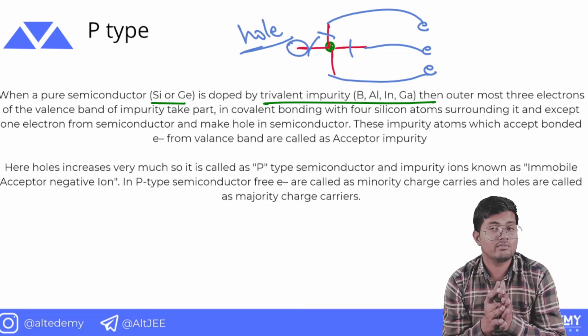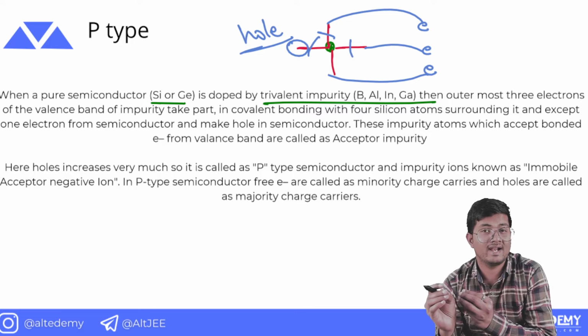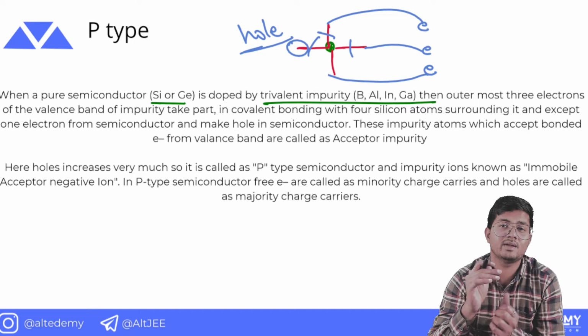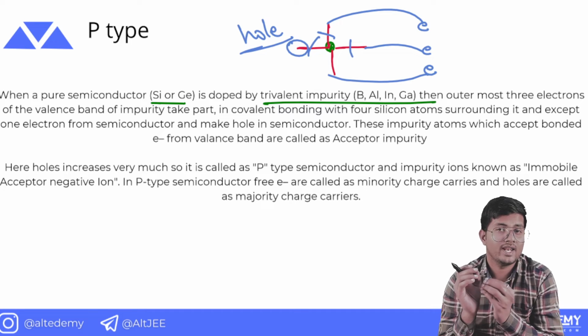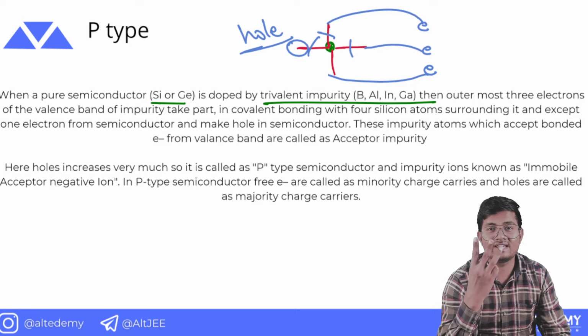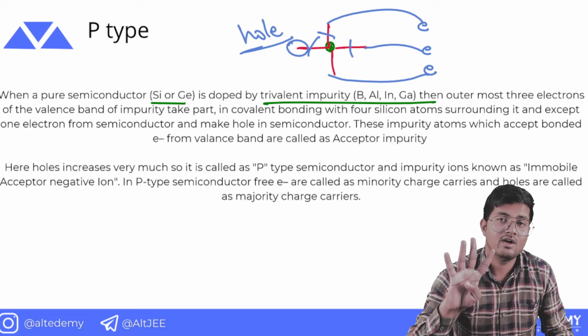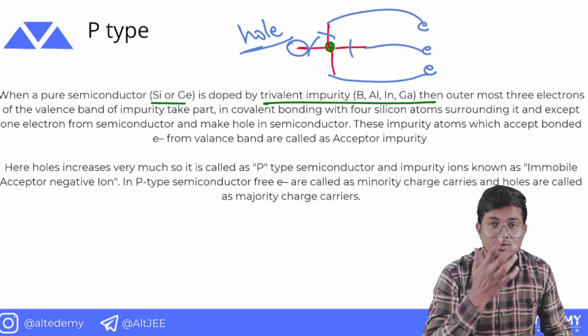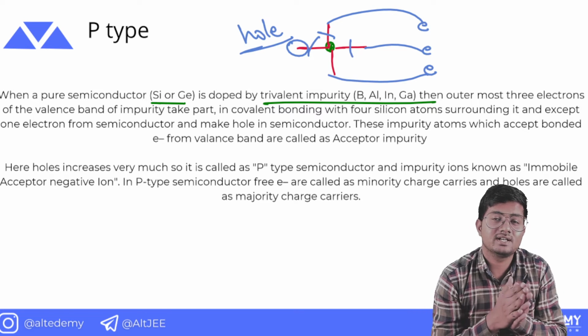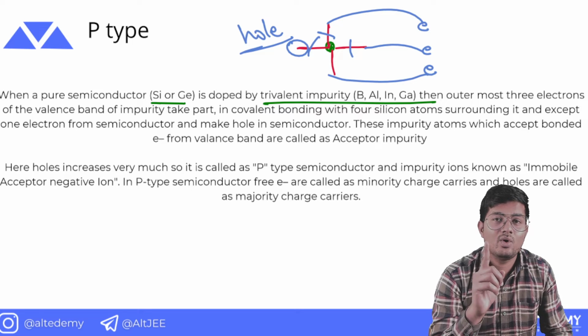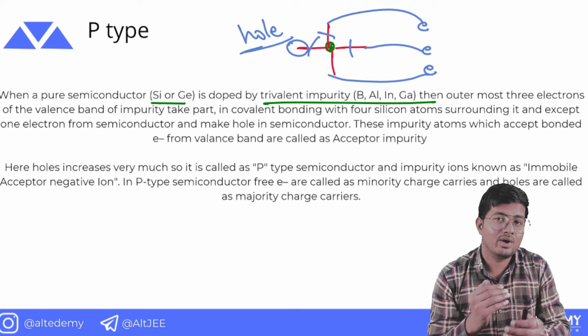So when we are removing one silicon atom and replacing it with an aluminium atom, aluminium will bring with itself 3 valence electrons, but when the silicon was present there, silicon had 4 valence electrons. So when compared to silicon, there is a deficiency of 1 electron. That's why one hole is created.